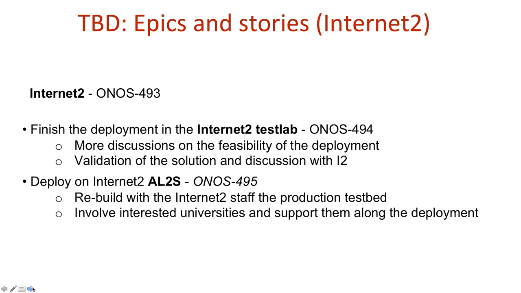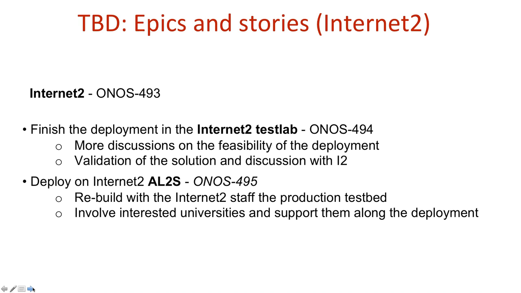Okay, so here I started to track in these slides the list of main epics and stories we have. If everything moves forward as expected with Internet2, these are the must-haves for the February release, right? You can find in Jira under ONOS-493 all the epics regarding Internet2.